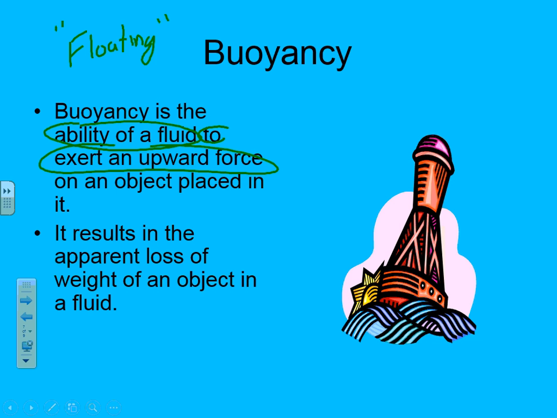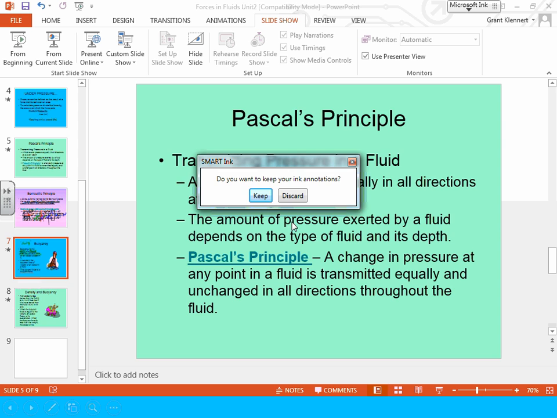So buoyant force is the upward force in a fluid. If that upward force is really great, an object will float. This is why things have the ability to float: buoyancy. So buoyancy is the ability of a fluid to exert an upward force on an object. This will conclude section 13.2.